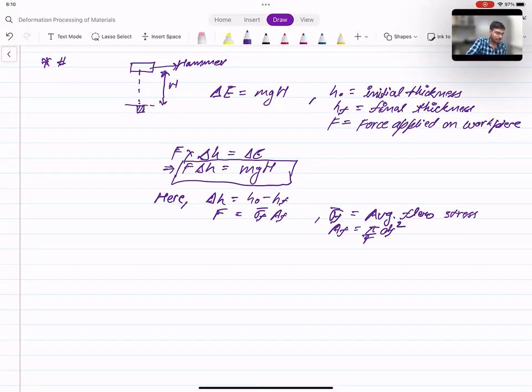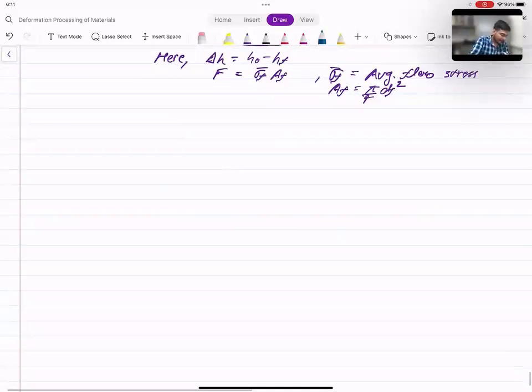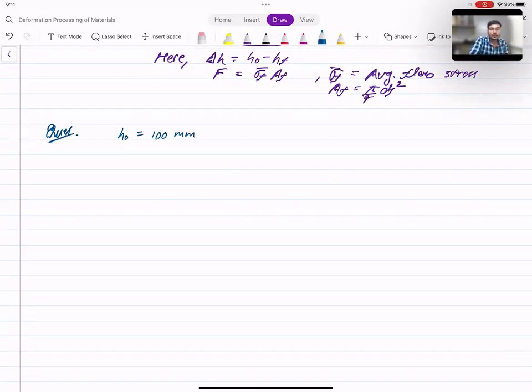Based on this, let us see a numerical. So we have the given data. We are given the initial thickness as say 100 mm, and after forging this becomes 70 mm. Also the flow stress is given to us.